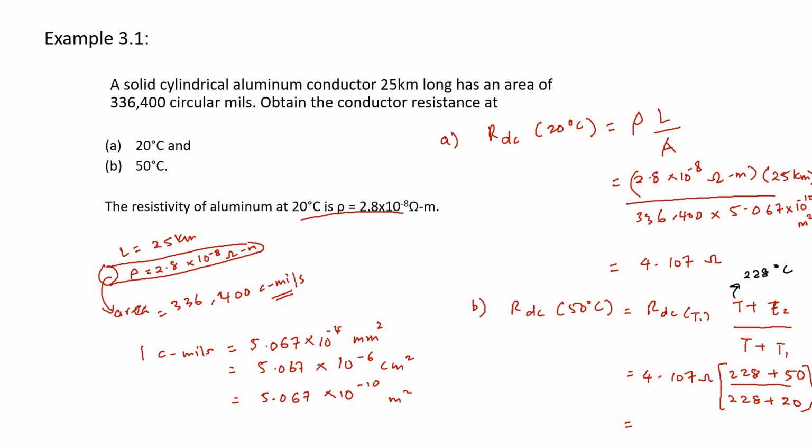And we obtain the DC resistance at 50 degrees Celsius, slightly higher compared to the DC resistance at 20 degrees Celsius, which is 4.6038 ohm. So we can see that the temperature of the conductor is affecting the resistance of the conductor.